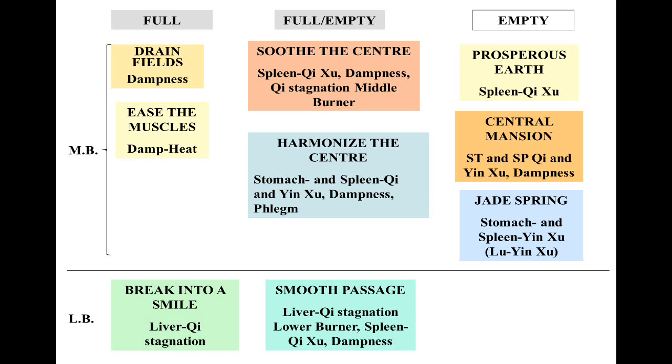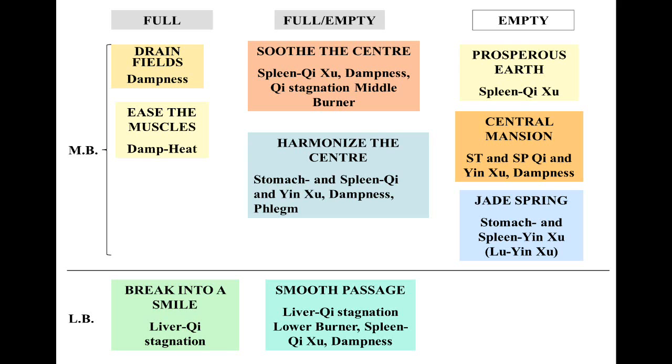So notice how some remedies are specific for full conditions. For example, Ease the Muscles is for damp heat. Some are for empty conditions. For example, Prosperous Earth is a stomach and spleen tonic. And some are for both, the one in the middle. For example, Soothe the Centre, which on the one hand tonifies Spleen-Qi, but on the other hand resolves dampness and moves Qi.